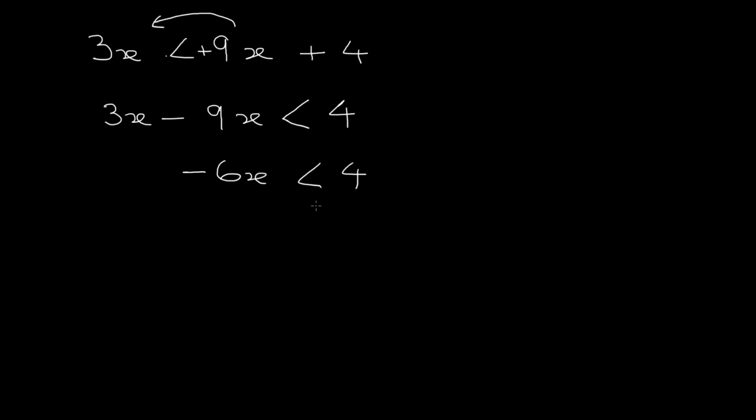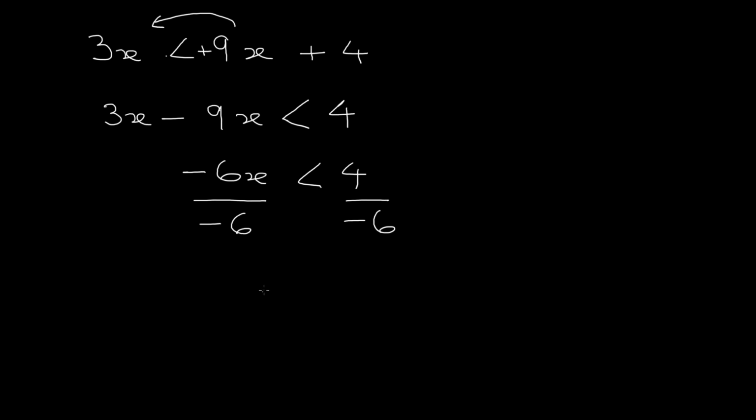Right. We can also do 2 things here. To remove this number here, because we're solving for x, we can divide with negative 6, and then we divide with negative 6 here. Now we say that if we divide with a negative number on both sides, what happens? This has got to change.